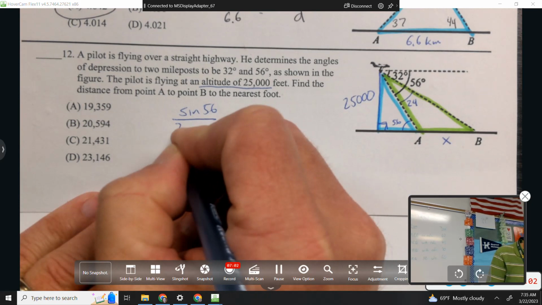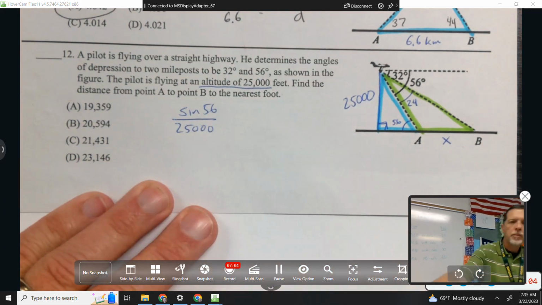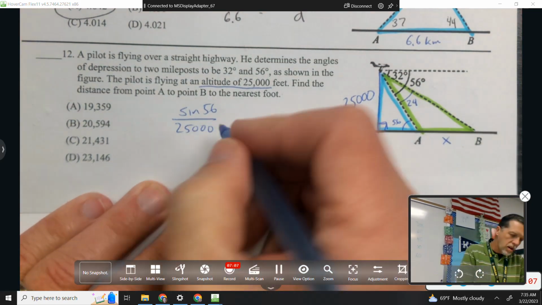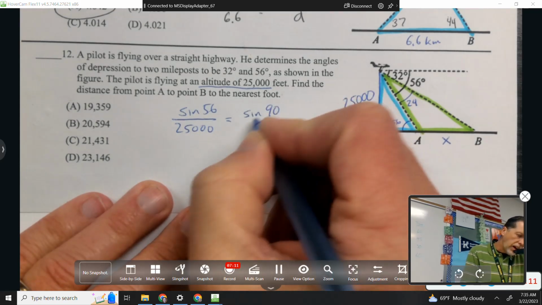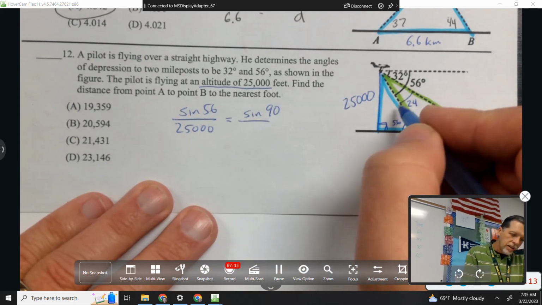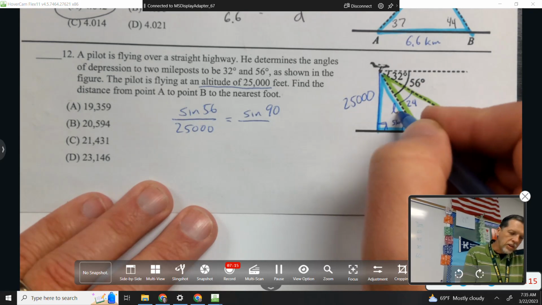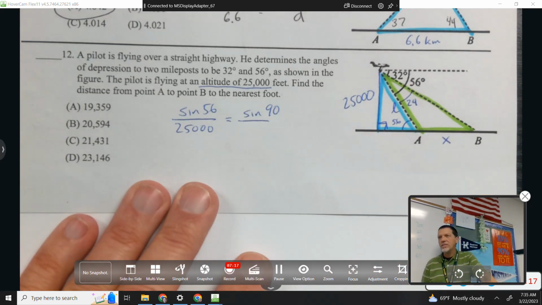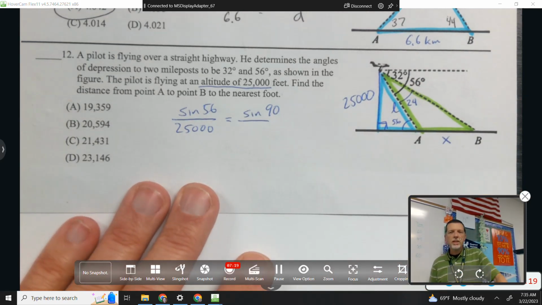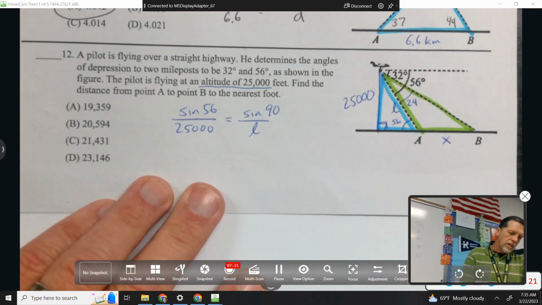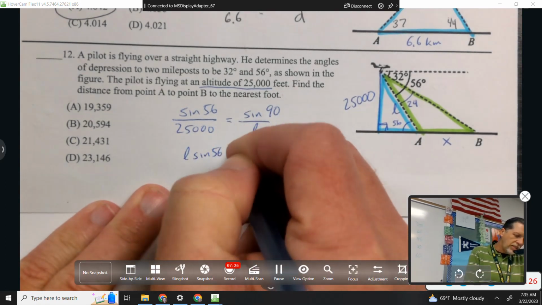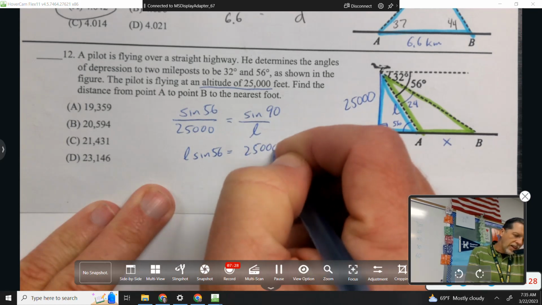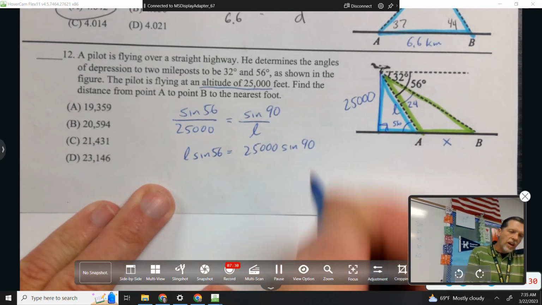Sine 56 over 25,000 equals sine of 90 over whatever we're going to call that. I'm just going to call it L. It's not my final answer, but that's the piece of the puzzle I need. So L sine 56 equals 25,000 sine of 90.